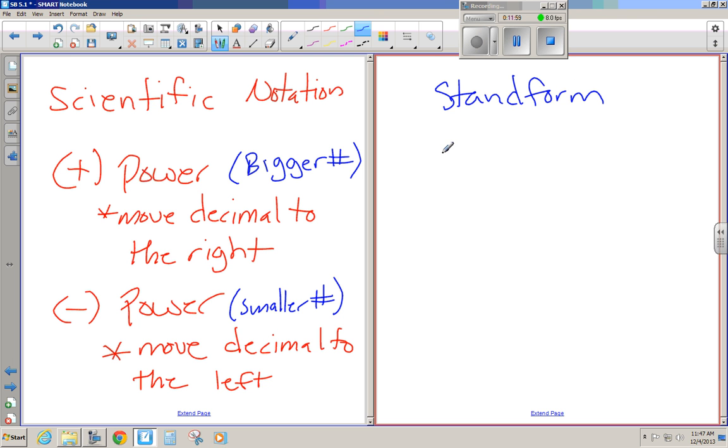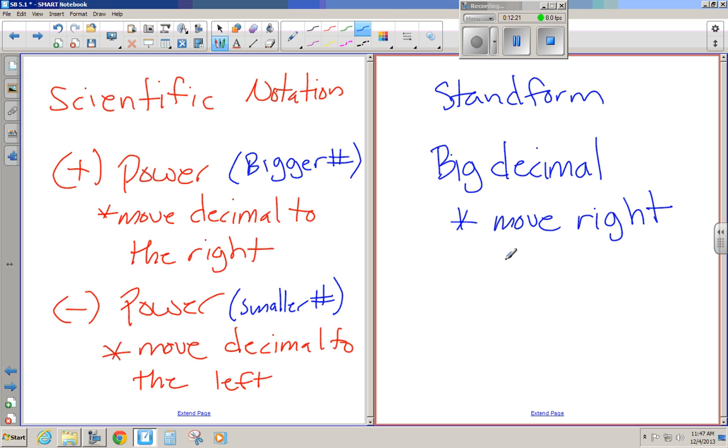Standard form: if you have a big decimal, then you move to the right and you use a negative exponent.